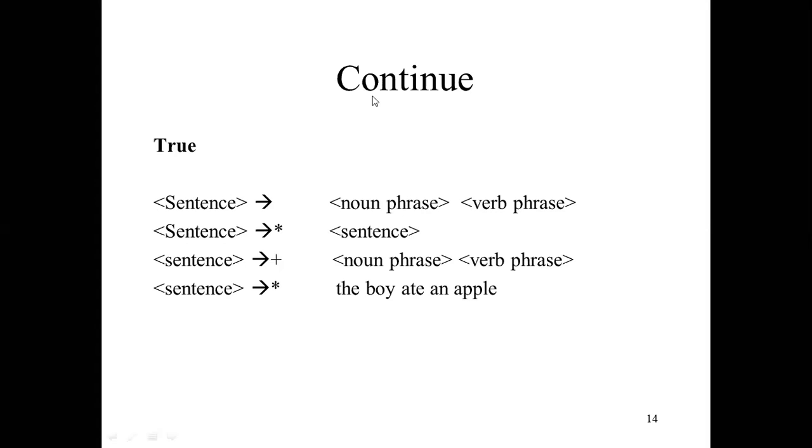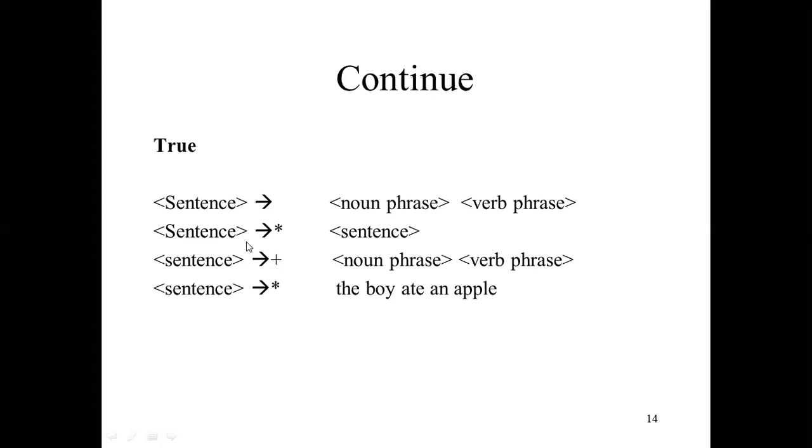So you can get sentence directly, or you can get it after breaking into noun phrase and verb phrase. Again you break noun phrase, again you can break verb phrase, and ultimately at the end you will get "the boy ate an apple". And what is "the boy ate an apple"? It is a sentence. So you are getting it in 0 or more steps.